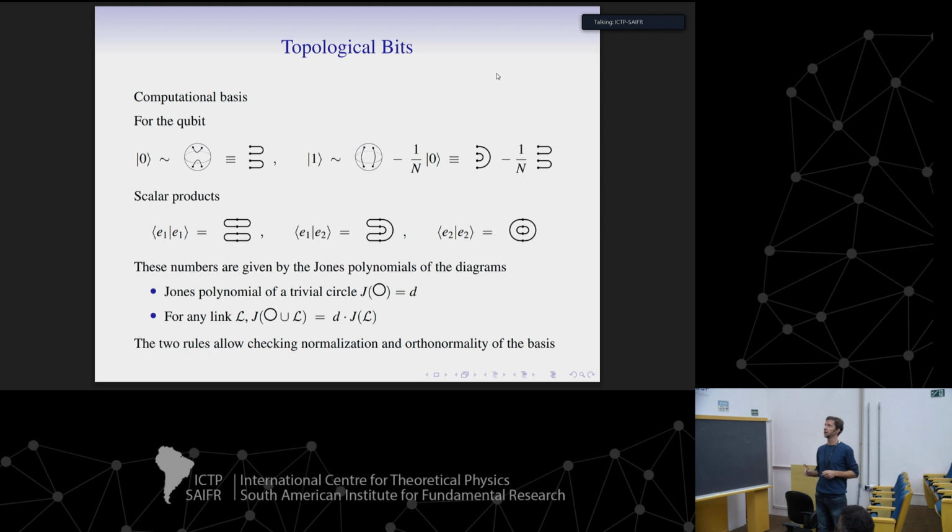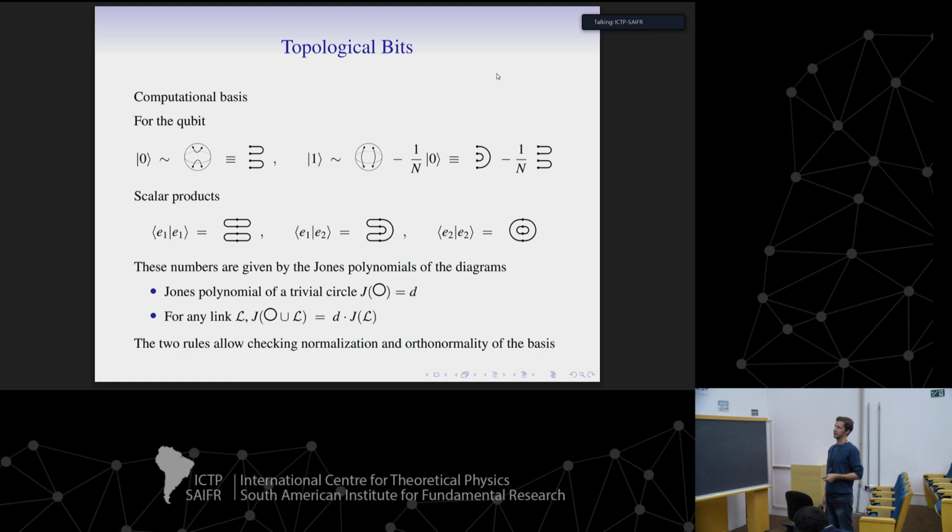That's one thing I didn't mention, that all these lines correspond to fundamental representations, so spin 1/2. If you have any knot or link in this 3-sphere and a disconnected circle, topologically not connected to this link, you can also put this factor of d in front of the polynomial. So that reduces your calculation to a simpler knot.